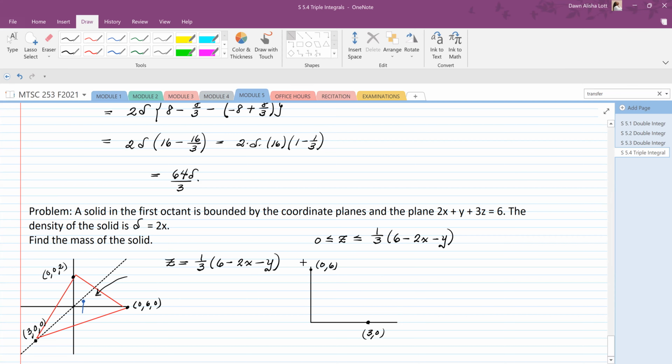That's actually an easy line. The slope is -2 and the y-intercept is 6. So you get y is equal to -2x plus 6.